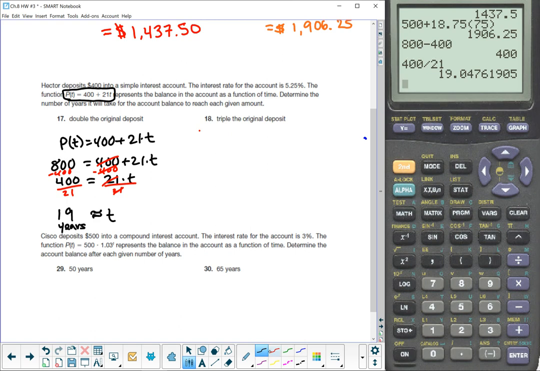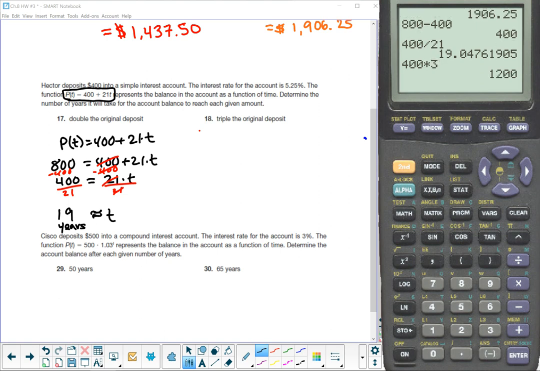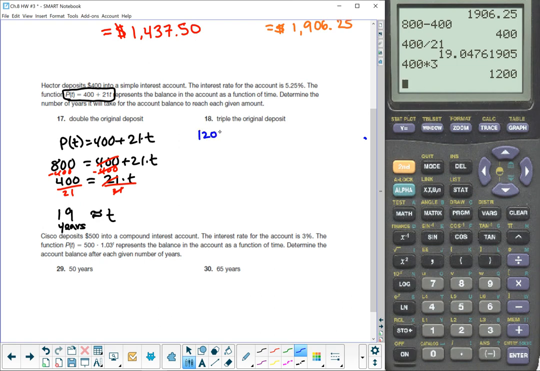Okay. Triple the original amount. So 400 times 3 is going to be 1200. I'm just going to cut to the chase and start with 1200 equals 400 plus 21 times T, because that's triple. Again, I'm going to subtract 400.